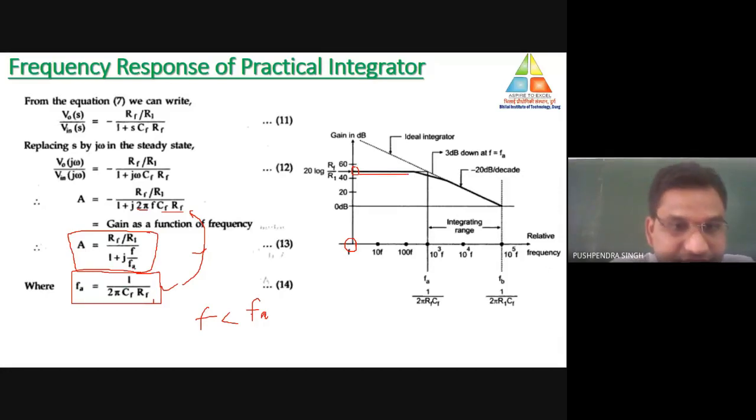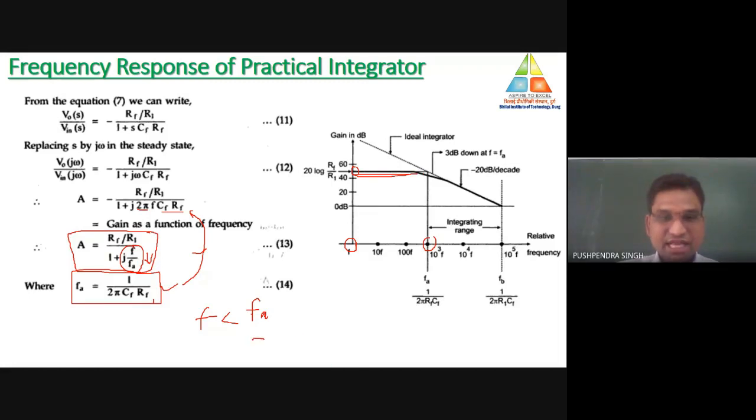Because if the value of F is less than FA, this term will be less as compared to 1. So what would be the change in the value of A? A will entirely depend on the values of RF and R1. So up to the frequency of FA, the gain is constant.